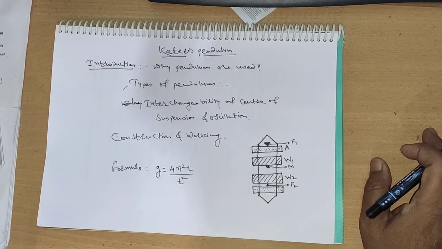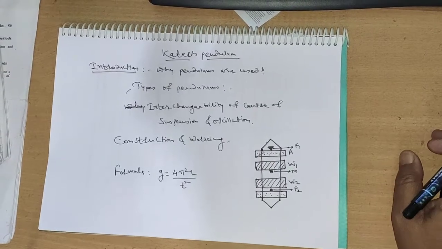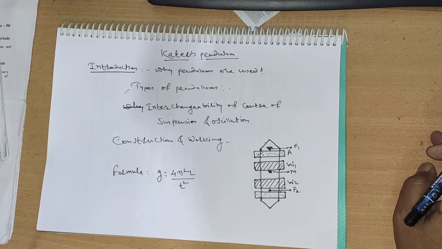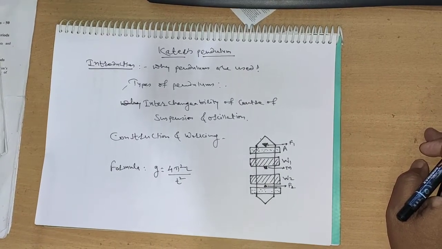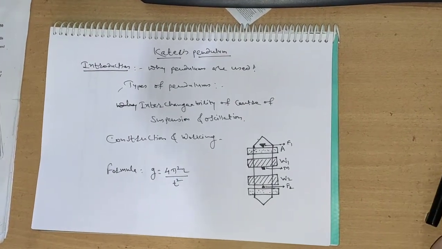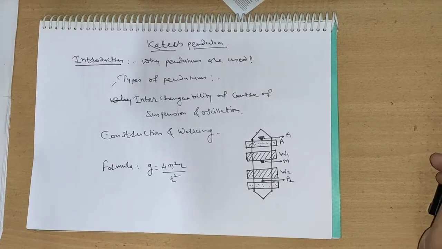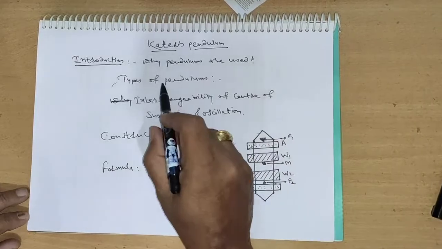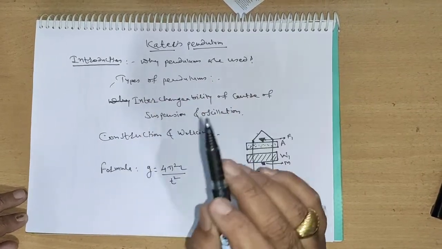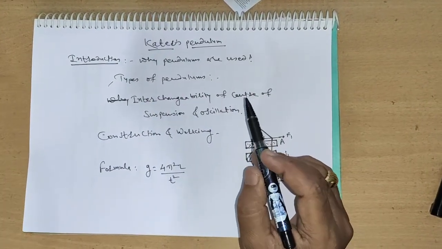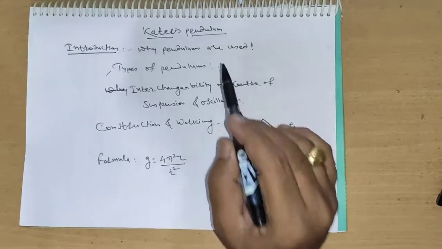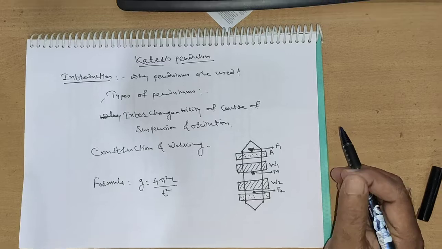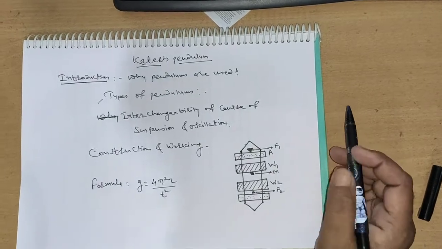It is therefore determined indirectly with the help of a simple or compound pendulum or other pendulums. One thing is cleared here: why these pendulums are used. The pendulums are used to determine the value of acceleration due to gravity.